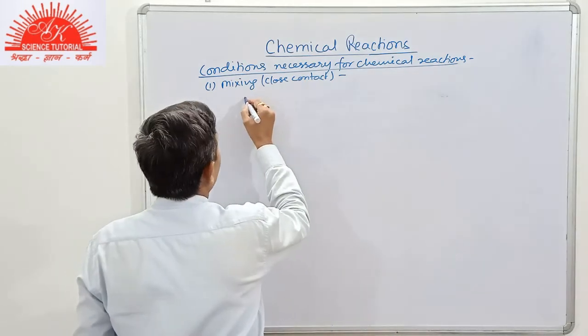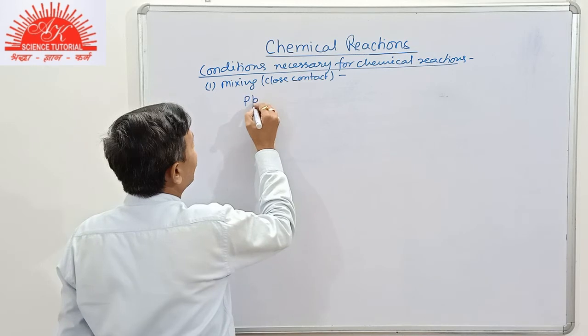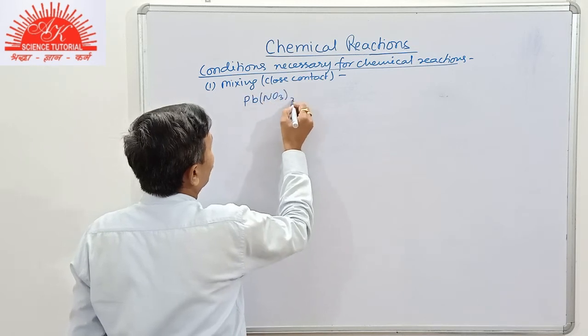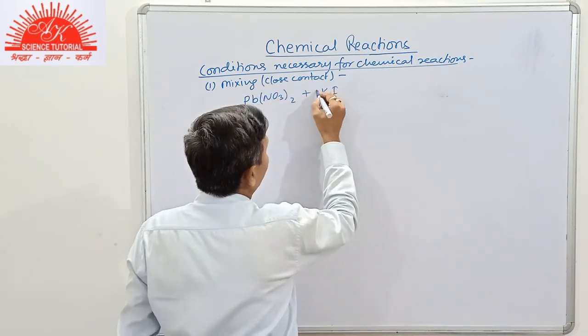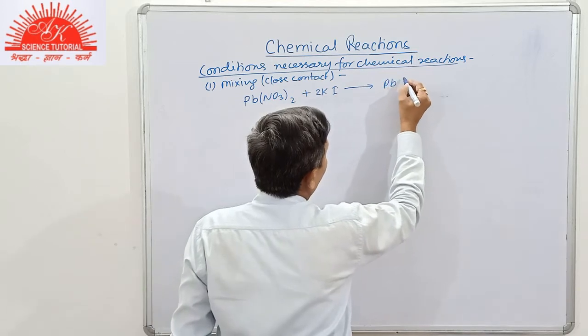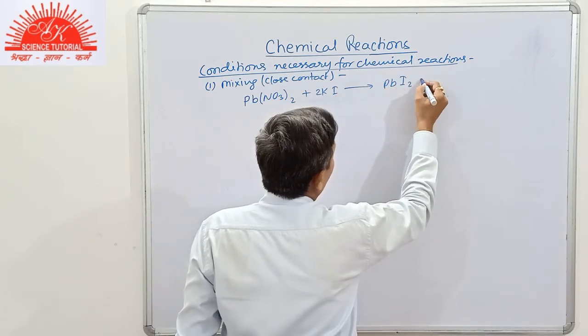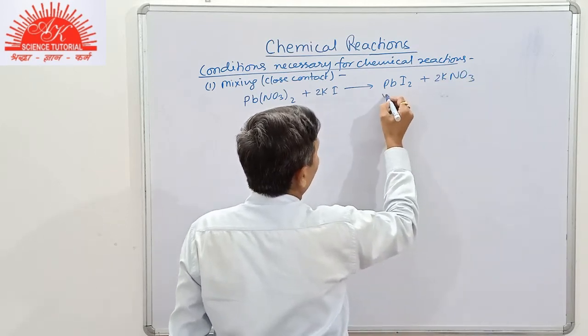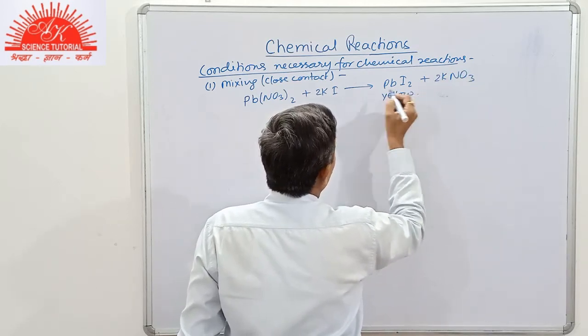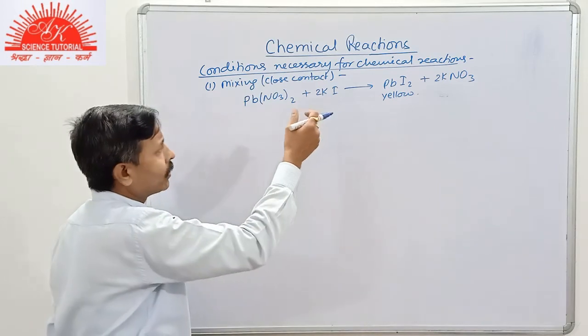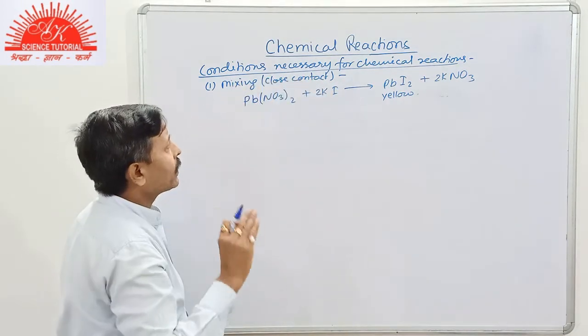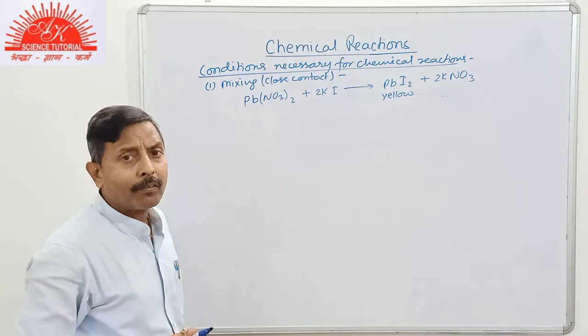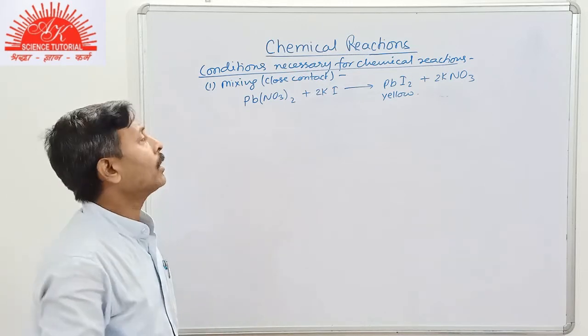Suppose we write here lead nitrate and potassium iodide react, then it forms a yellow colored substance and potassium nitrate is also formed. So this reaction takes place in solution state as well as in solid state, that is, when they are only mixed together. Clear, student?